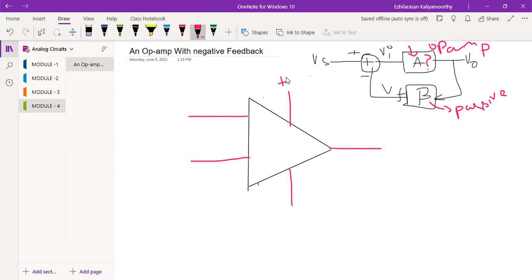So this is plus VCC, then this will be your minus VEE, then this will be your V0, then this is the plus, this is the minus. I can define this as V1, and this I will say V2.